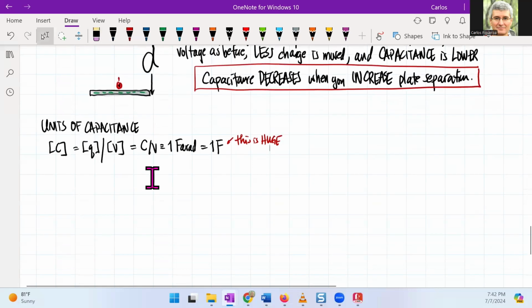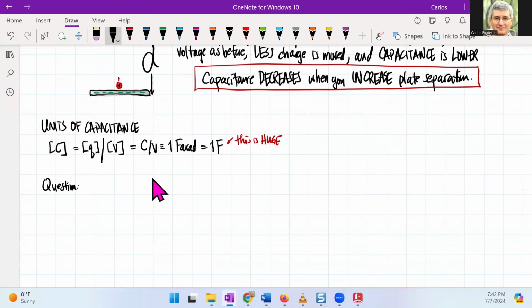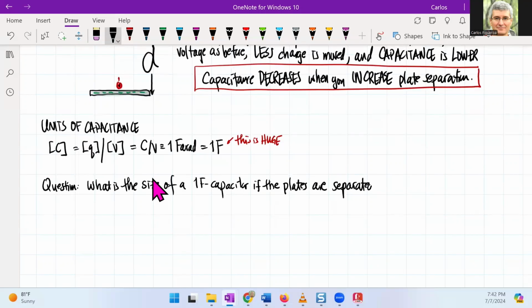To give you a sense of what we mean by that, what is the size of a 1 farad capacitor if the plates are separated by 1 millimeter? When I say size, I mean area.